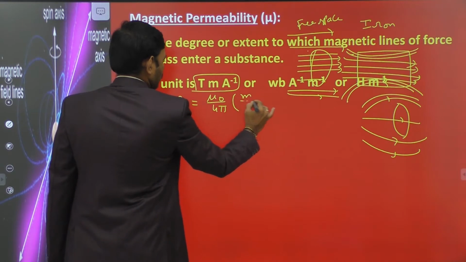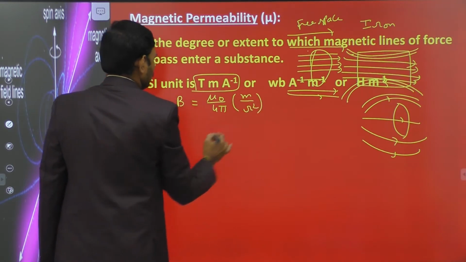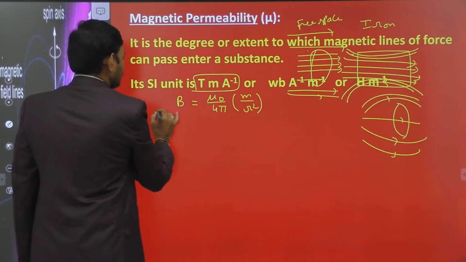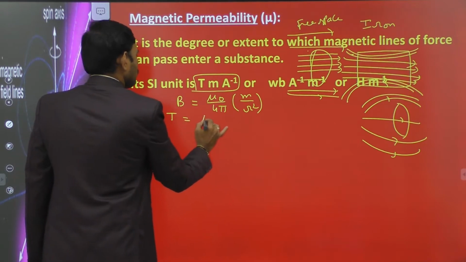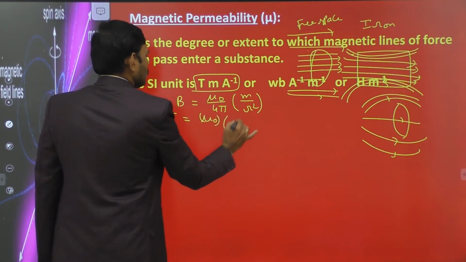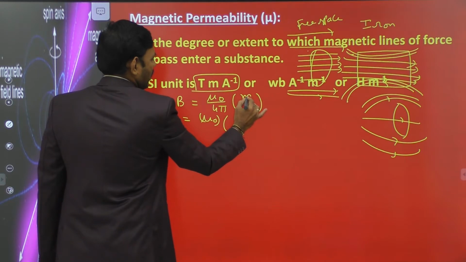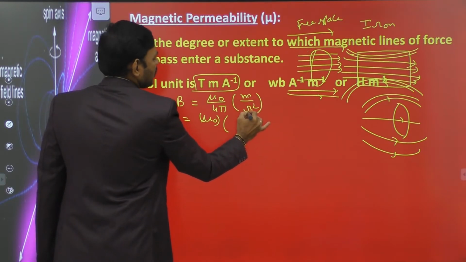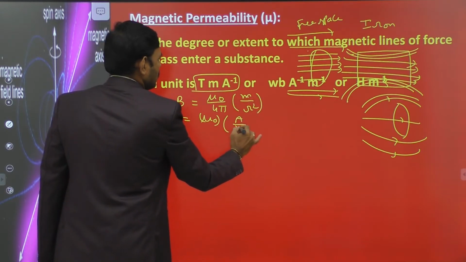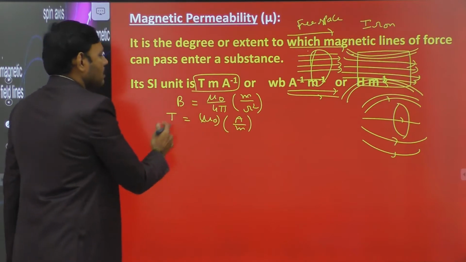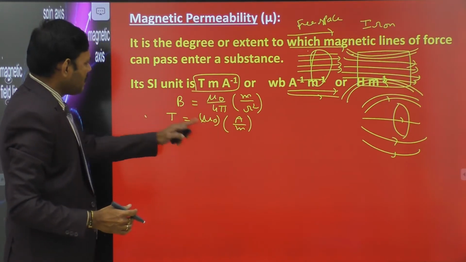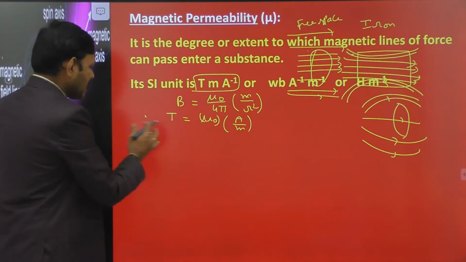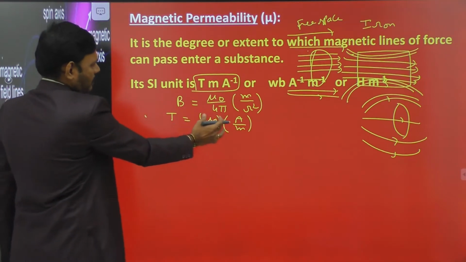This is the expression. The unit of B is Tesla, into mu naught. This is m by r square, ampere meter by meter square, which means ampere per meter. On cross multiplying, we get Tesla meter per ampere. Tesla meter per ampere. Remember.